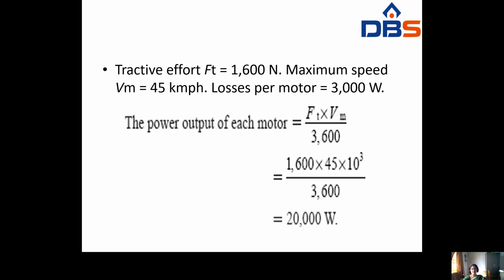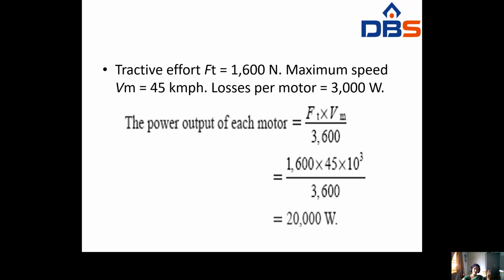Losses per motor is equal to 3000 watts. So at the time the power output from each motor P equal to Ft into Vm by 3600. So the total power output from each motor will be given by 20,000 watts. So how you can get the 20,000 watts means Ft value will be 1600 newtons, Vm value will be 45.